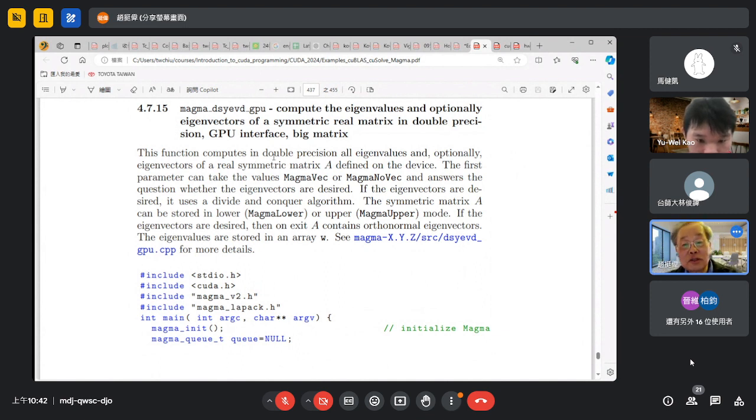The symmetric matrix A can be stored in the lower or the upper part. Because it's a symmetric matrix, I only need to store half of the elements: the diagonal and all lower elements, or the diagonal and all upper elements.